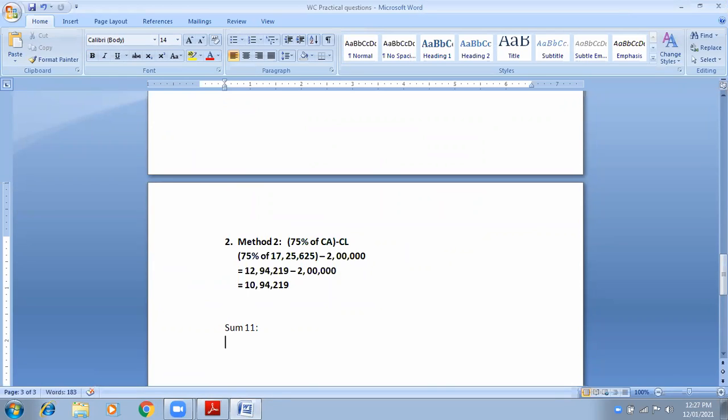Now it will be 1,56,000 divided by 52 weeks. How many weeks in a year? 52. Why divided by 52? Because we are going according to weeks.